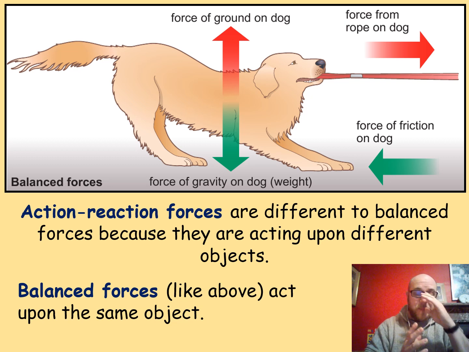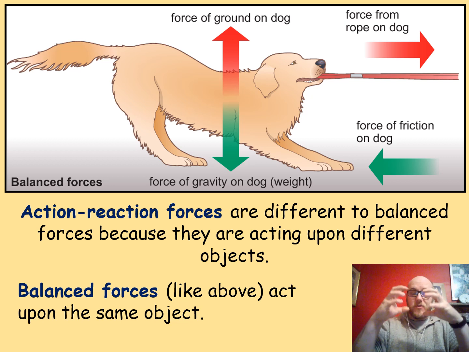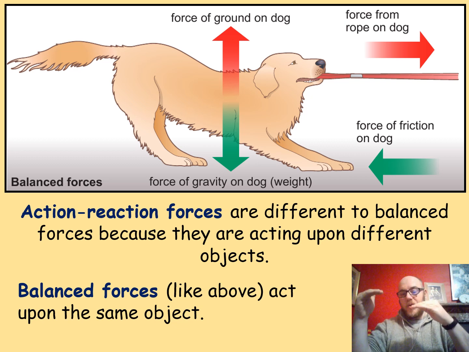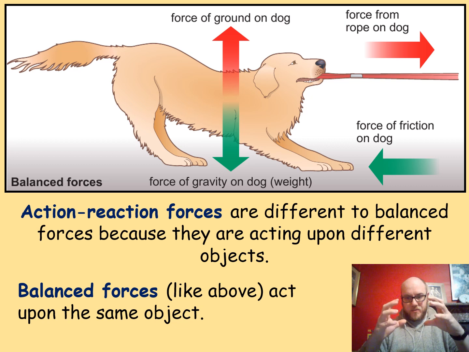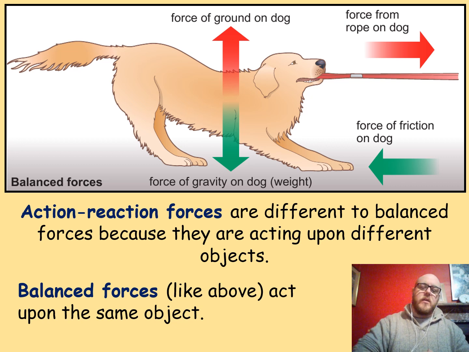Now, when we're looking at balanced forces, all of the forces are about the dog. The force of ground on the dog, the force of gravity on the dog, the force from rope on the dog, the force of friction on the dog. Everything's on the dog. Okay? So action-reaction forces, two different objects. Balanced forces, the same object. Okay? And that's a difficult concept.